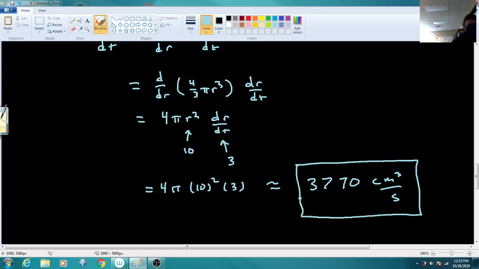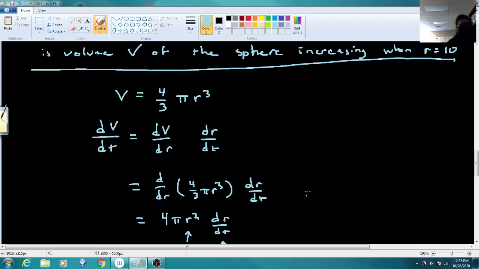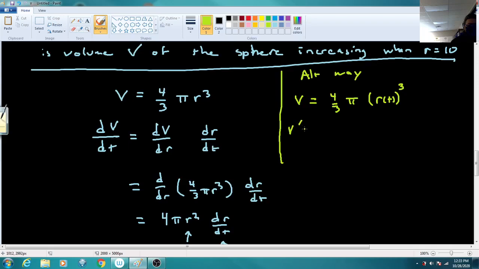So we had to use the chain rule, where we took the derivative of this expression with respect to r. Another way we can view this is to write out an alternate way of getting this. In the prime notation, we have V equals 4/3 pi, and we're going to treat r as a function of t. So when we want to take the derivative, V prime, we have to use the chain rule. The 3 comes down.